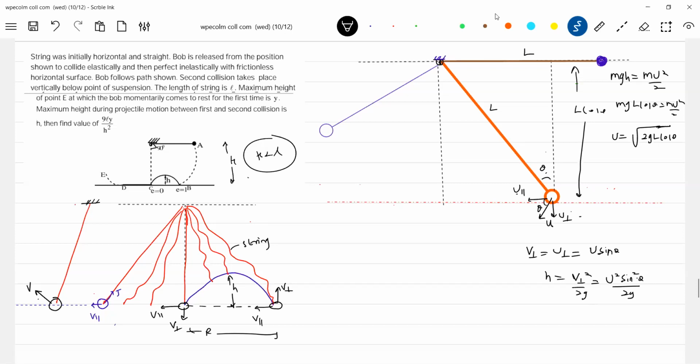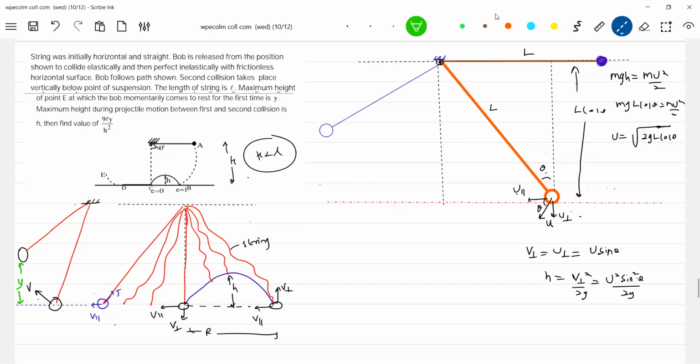Then because of this V, it will ascend to a certain height. Okay, this is this Y. So just some observation, you can manage this question. We know H, we know L, and that Y has to be determined. To determine that Y, what is needed? We need V.